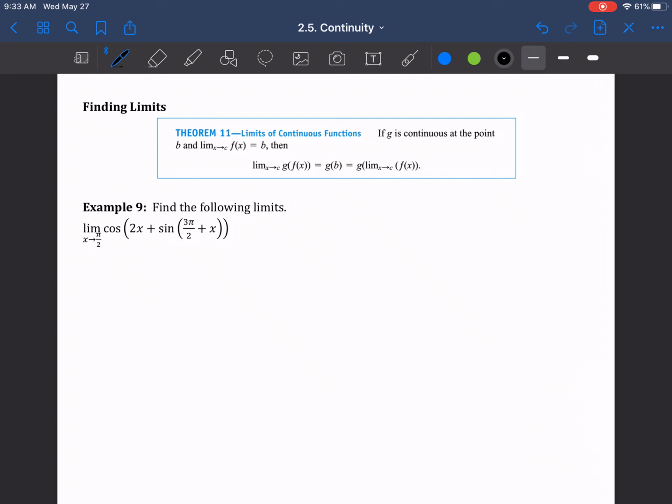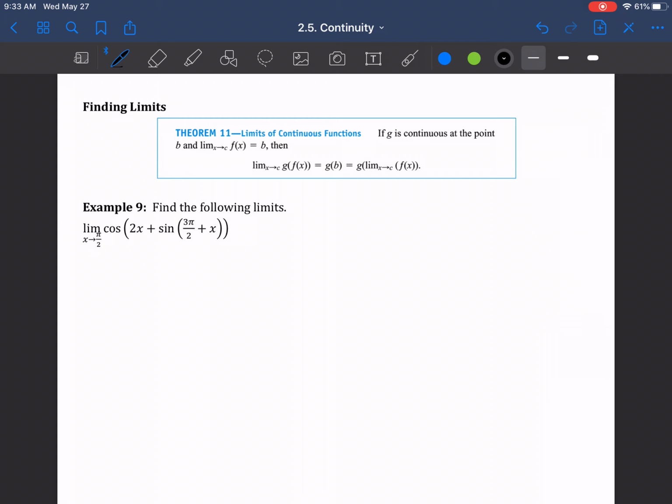So what we're going to say here is, it's another theorem, limits of continuous functions: if g is continuous at the point b and the limit as x goes to c of f of x equals b, then the limit of the composite g of f of x equals g of the limit of the inner function, basically. So if we look at something like this, you could go through and try plugging in the x over 2 and doing all of this stuff.